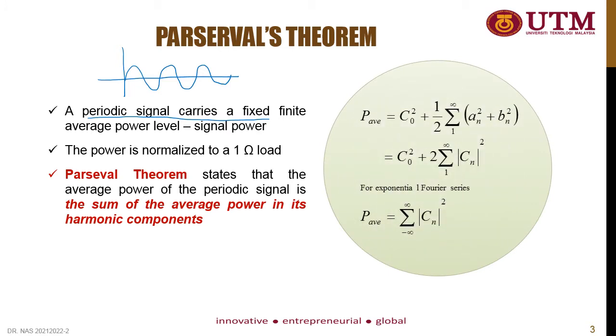This is the Parseval's theorem equation, in which P average is equivalent to the square of each magnitude of the components or the coefficients of your spectrum. The equation can be simplified to P average equal to the sum of Cn squared, the magnitude of your coefficients, with n depending on the number of harmonics.